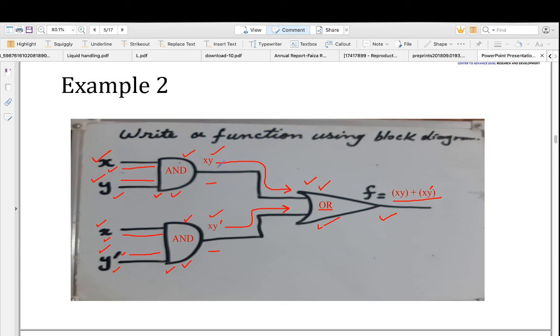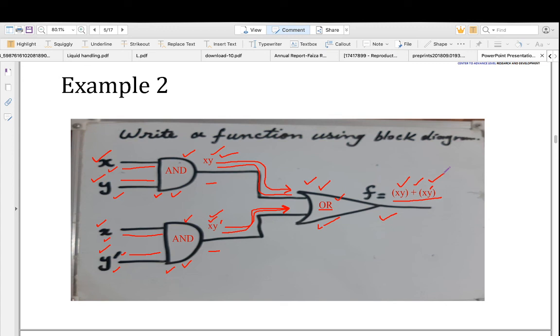So this x into y was input for this OR gate, and this x into y dash was input for this OR gate. Now the work of OR gate is to give the sum of both inputs. So the first input was this xy, we write it here, we put sum, and the second input was this xy dash. So our final equation is xy plus xy dash.